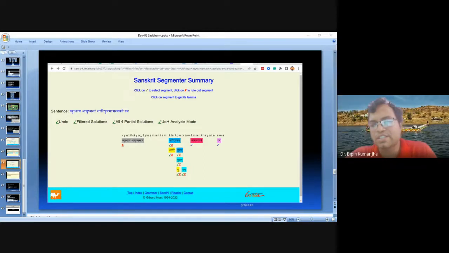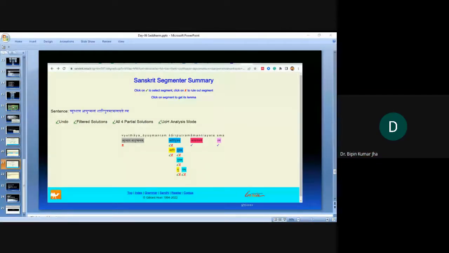The website is Sanskrit Heritage Site. I am just dropping the URL of this website so that you can find it easily.